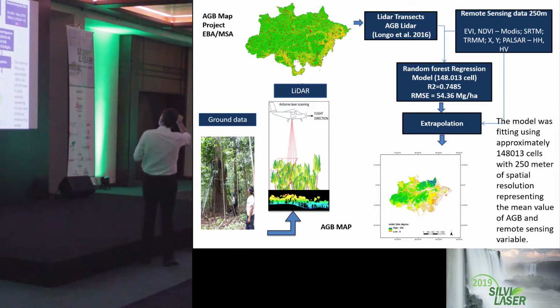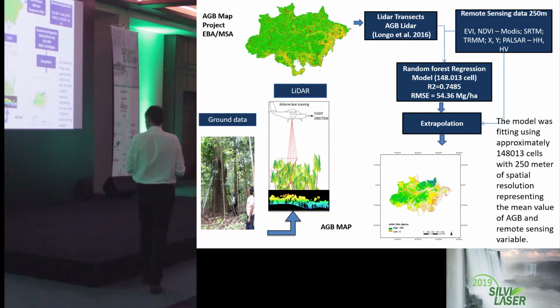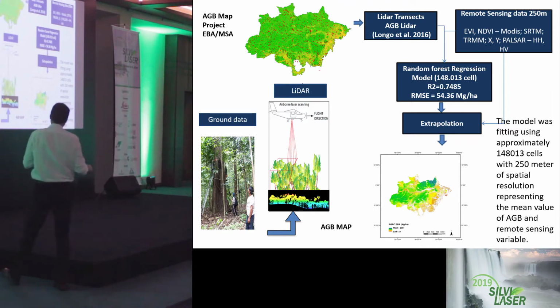Then we use the random forest to also calculate the regression and a mean error for this. And then we had the map. We used approximately 150,000 cells of 250 meter spatial resolution, and we fed that to the modeling to do the interpolation and also calculate the uncertainty.